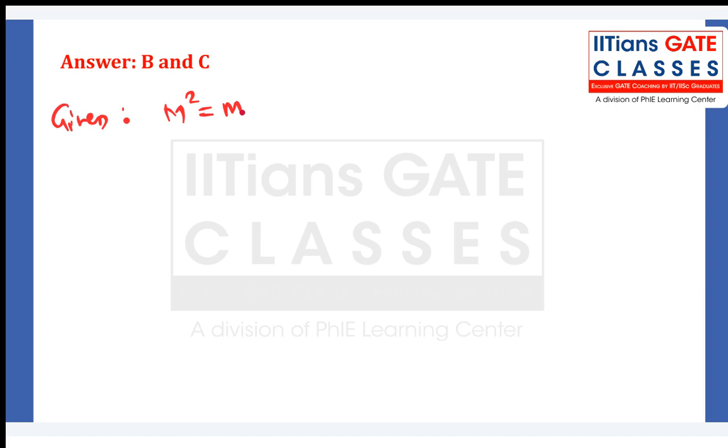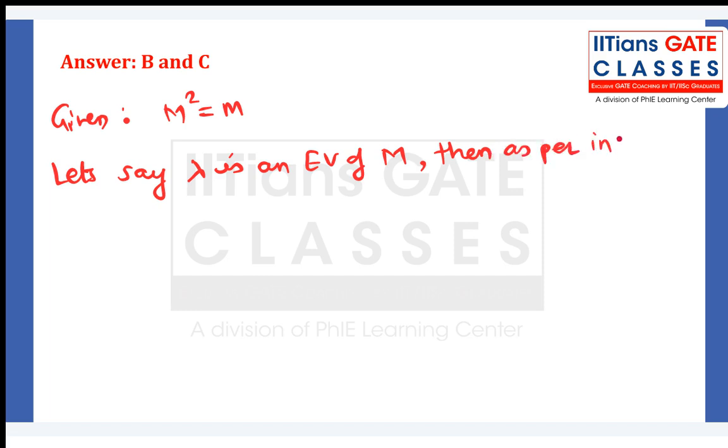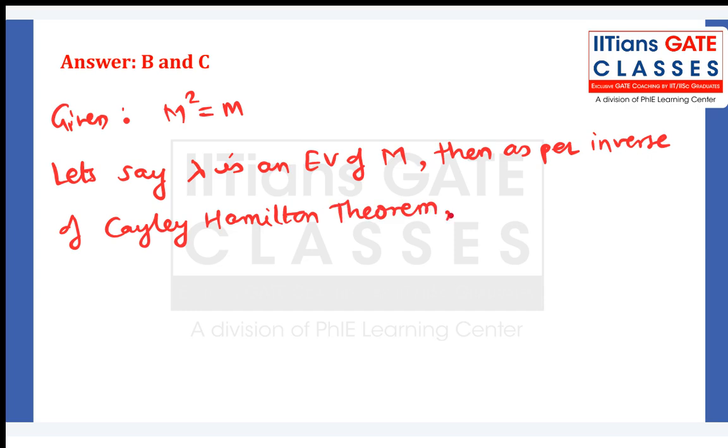Basically, let's say lambda is an eigenvalue of matrix M. Then, as per the inverse of the Cayley-Hamilton theorem: the Cayley-Hamilton theorem basically says if you have the characteristic polynomial of matrix A, just replace lambda by that matrix. But here we are going to replace M by lambda, so that's why it's an inverse thing.